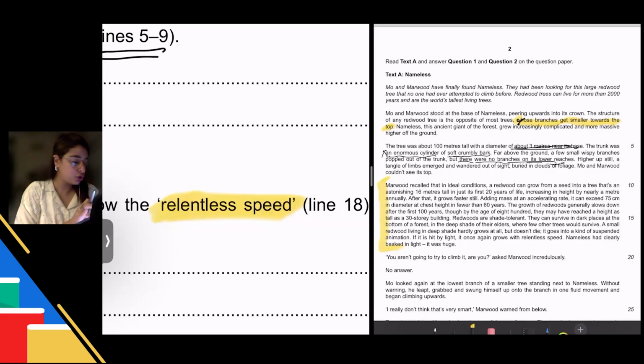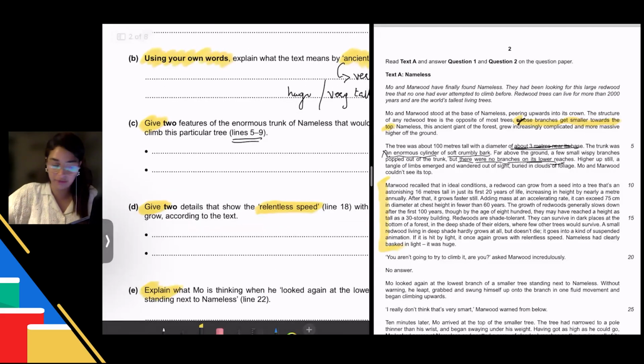All right. So the first detail that we can definitely pick out, let's go through the entire passage. I would recall that in ideal conditions, a redwood can grow from a seed into a tree that's an astonishing 16 meters tall within the first 20 years of life. So the word astonishing tells us that this is not something usual.